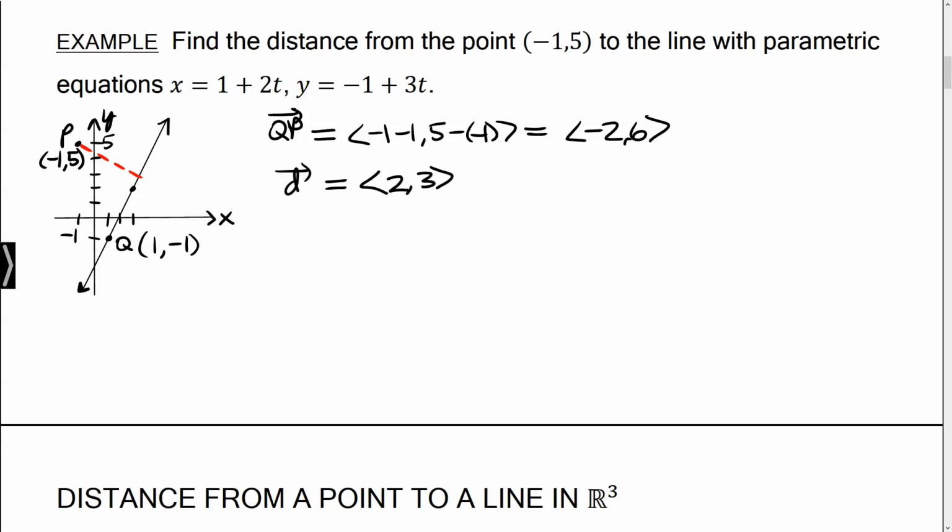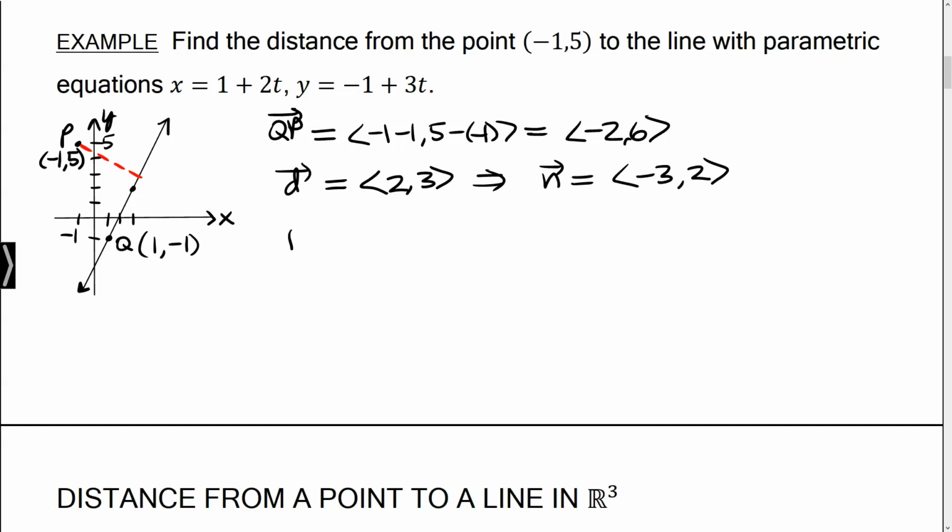And if you think to your knowledge of perpendicular lines from algebra, you know that the slope that's perpendicular to a given slope is the negative reciprocal. And what that amounts to in component form is that the normal is given by switching the components and then changing the sign of one of them. So instead of 2, 3, it's going to be negative 3, 2. So see that the slope for this direction vector would be 3 over 2, 3 halves, and this one is negative 2/3.